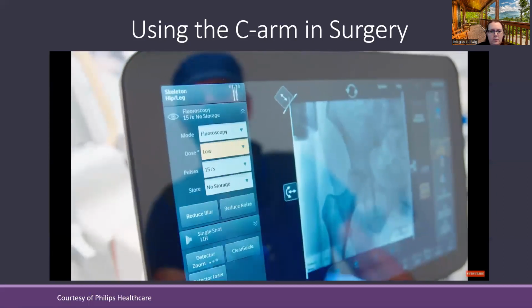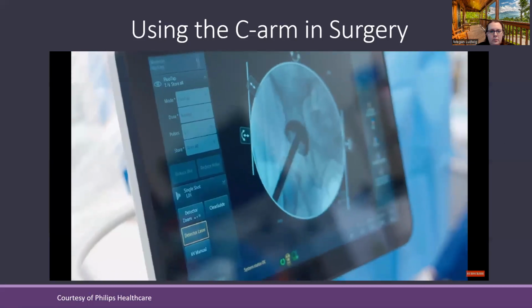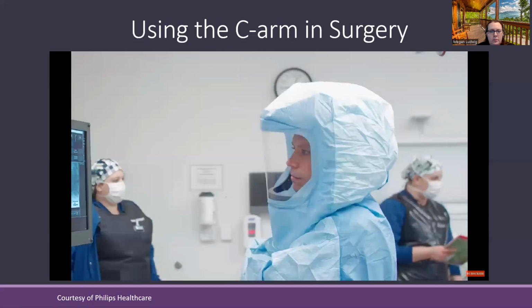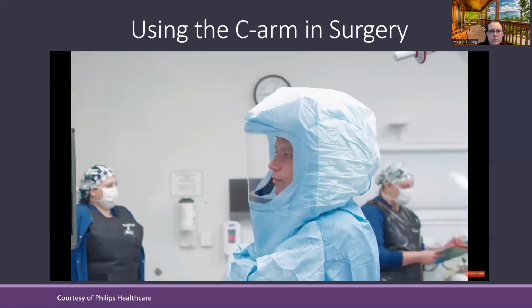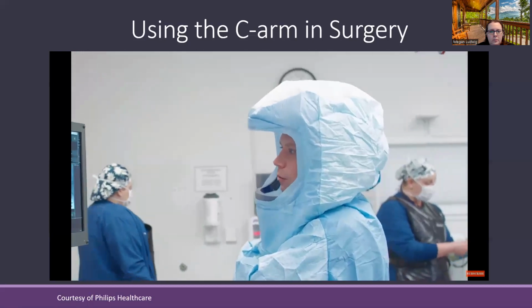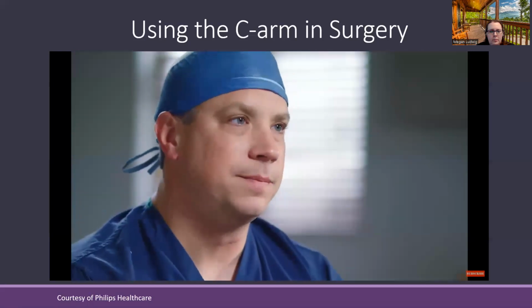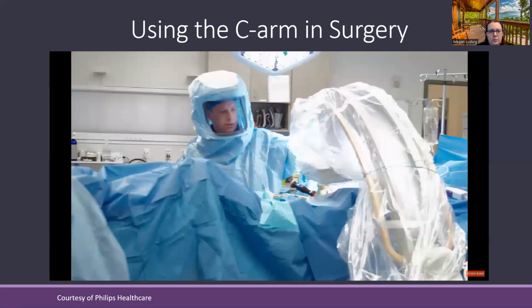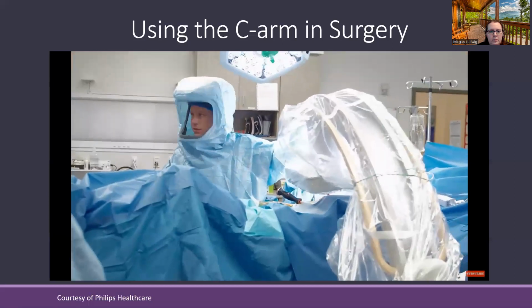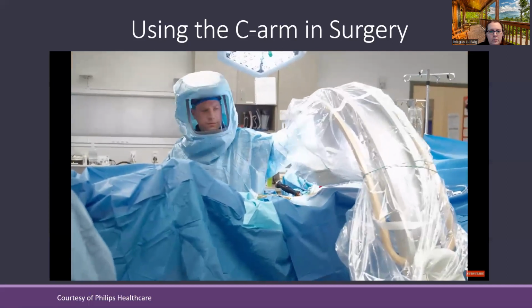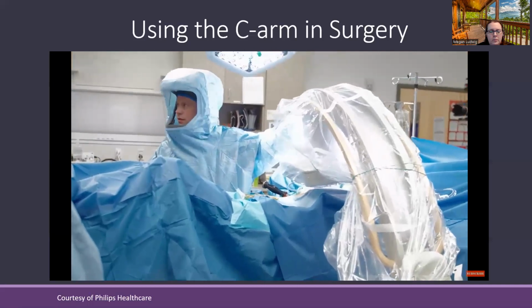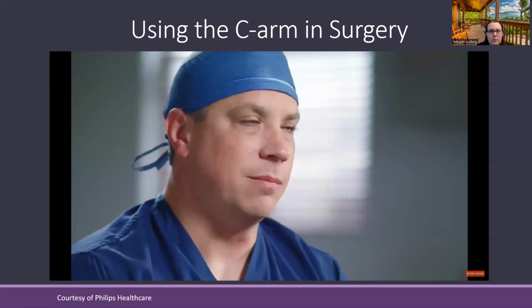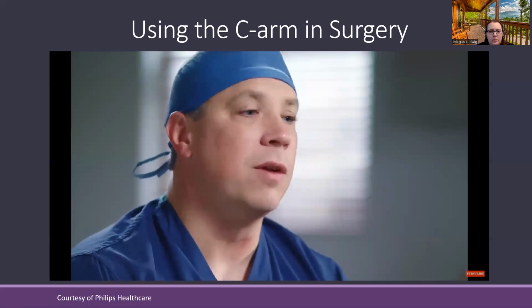Anything that can decrease that, whether it's a low-dose setting like the Zenition has, or the ability to capture those images the right way the first time, is a safety factor that I and every orthopedic surgeon thinks about. The Zenition offers me ease of use. Even I, as a surgeon, can direct the movement of the C-arm due to the counterbalance capability, where the tech can leave everything unlocked and I can easily maneuver it into place on my own from the operative field.